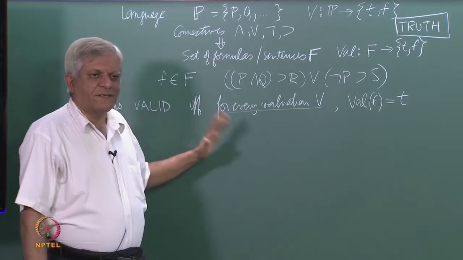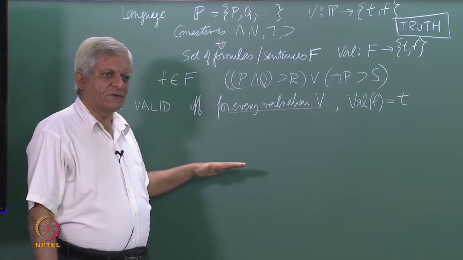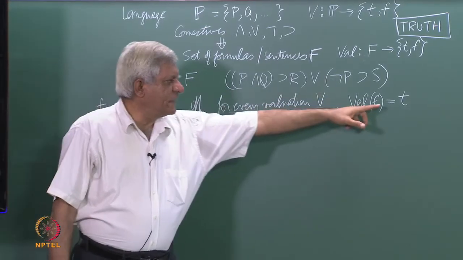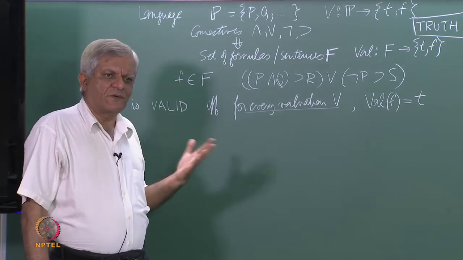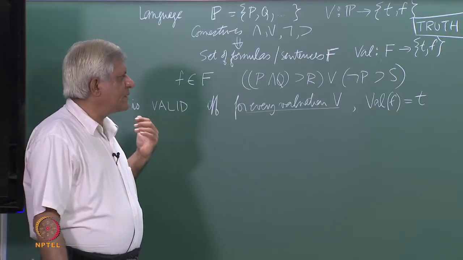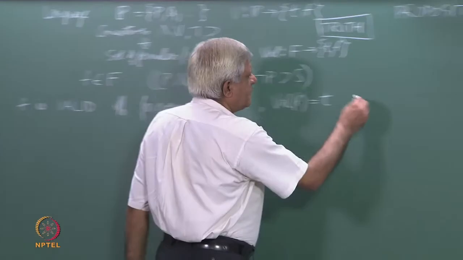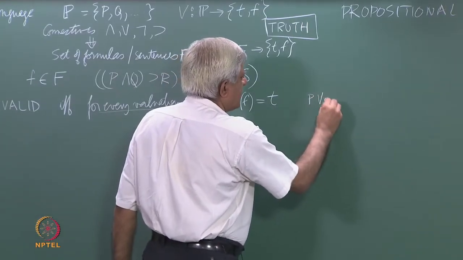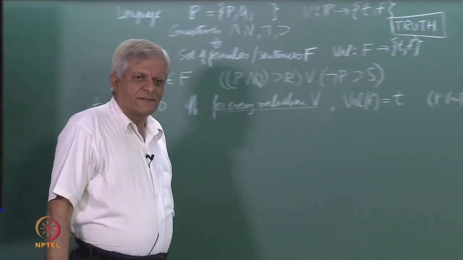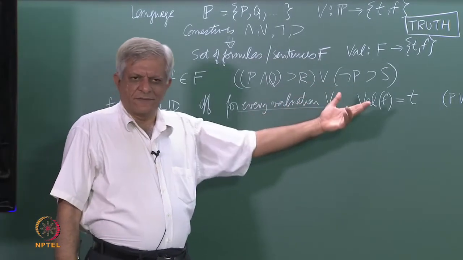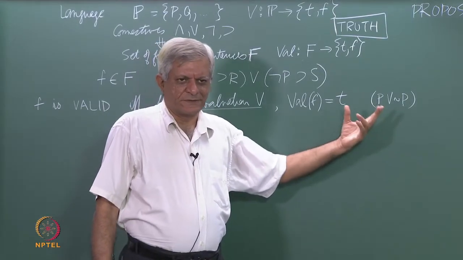For each of these 16 valuations, if the last column is labeled with true, then we say that the sentence is valid. So, a sentence is valid if it is true for all possible valuations. A trivial sentence which is valid is, for example, P or not P.